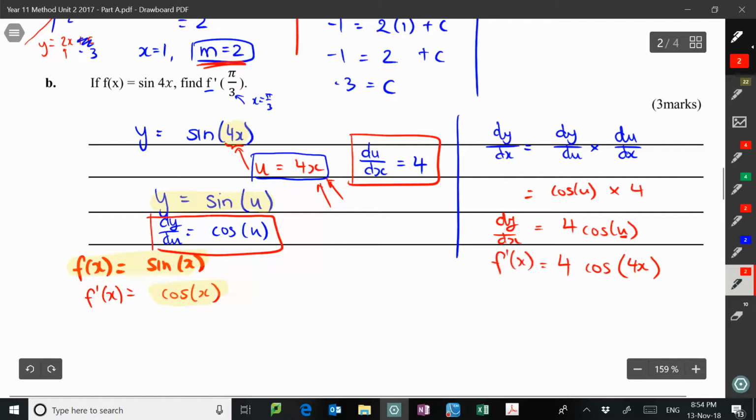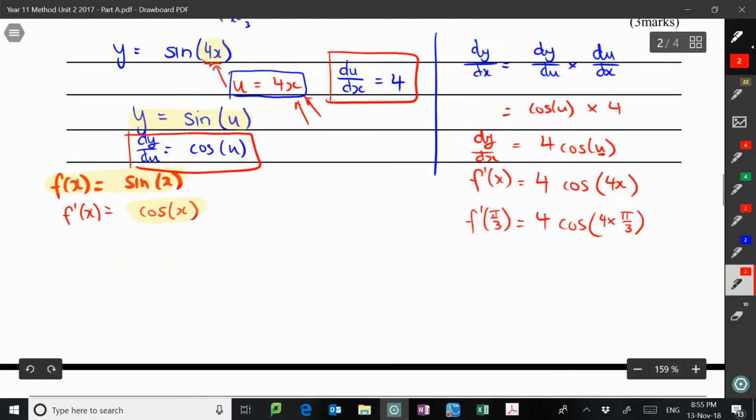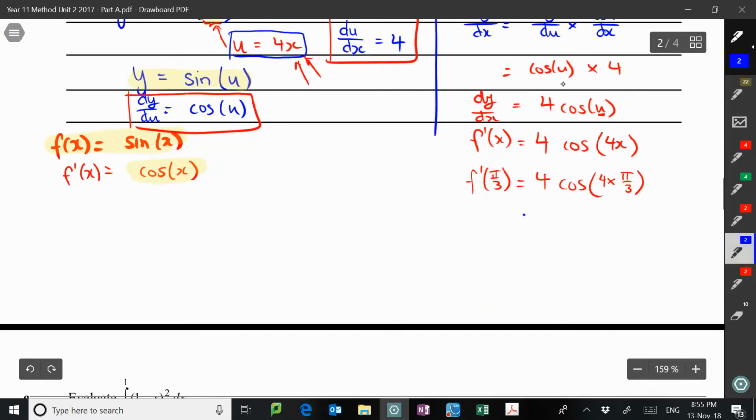Your goal was to find out what is the answer when x is pi on 3. So f dash of pi on 3 just means find 4 times cos of 4 times pi on 3. Okay, now this is going back to your exact values. 4 times cos of 4 pi on 3.